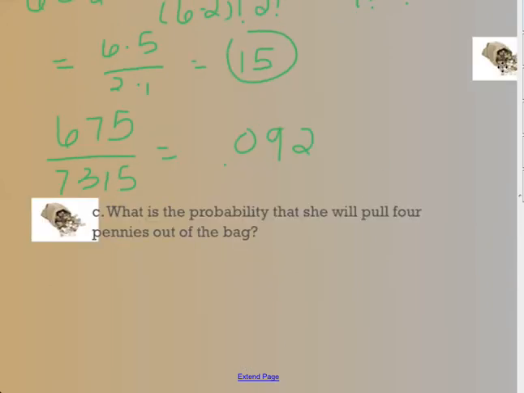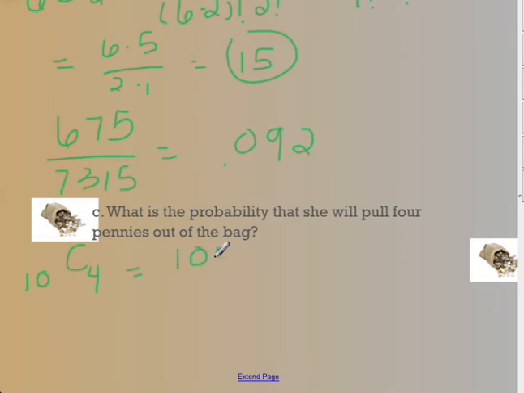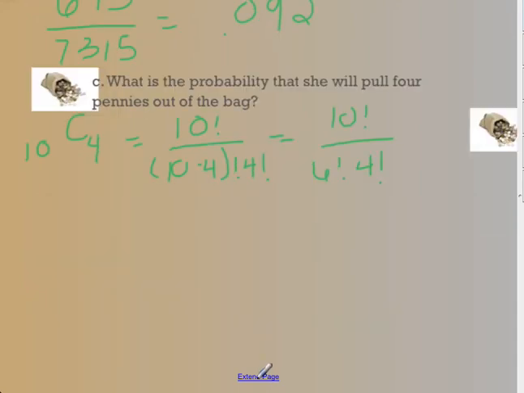So all we have to do right now is calculate how many ways we can choose 4 pennies. So we have 10 total pennies, and we're going to choose 4. I'm kind of going through these combinations a little bit faster because I'm hoping that you're comfortable with them. So then you have 10 factorial divided by 6 factorial times 4 factorial. So everything from 6 on down is taken care of.